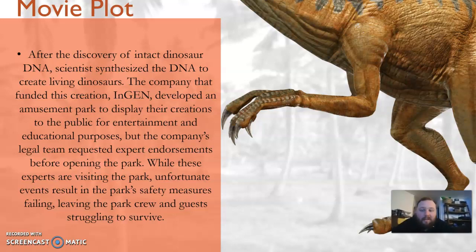The scientists synthesized the data and created living dinosaurs. The company that funded this creation was called InGen. They developed an amusement park to display their creations to the public for entertainment as well as educational purposes.